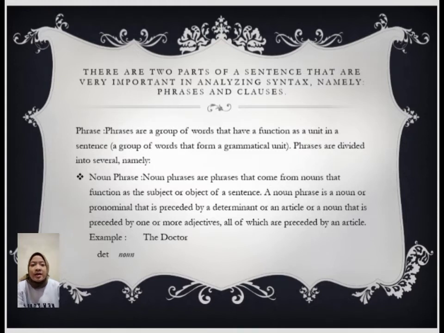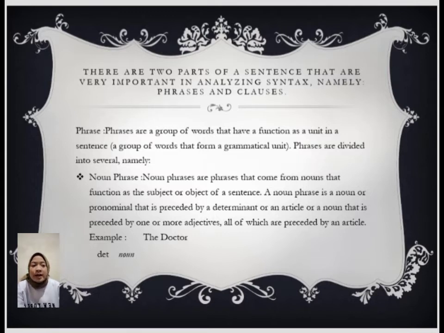Phrases are divided into several types, namely noun phrases. Noun phrases are phrases that come from nouns that function as the subject or object of a sentence.